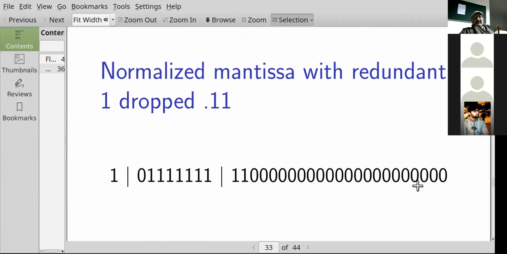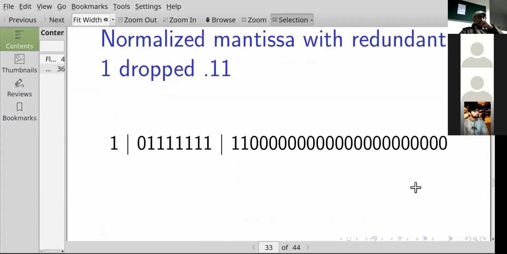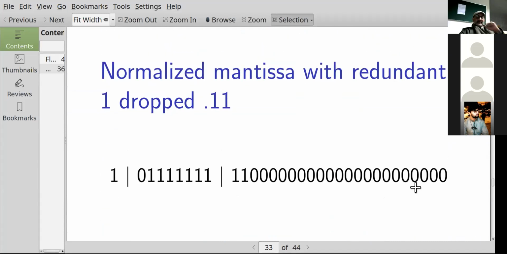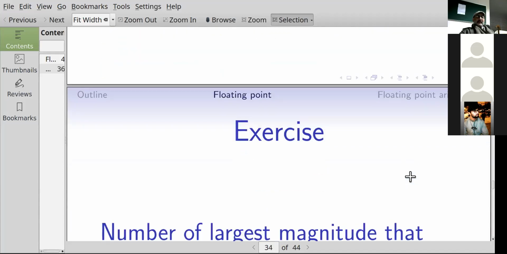Why am I doing all of that? The reason is to show you how that's done, and then if we're dealing with more than one number, and we're doing some operations, what are the issues that arise?